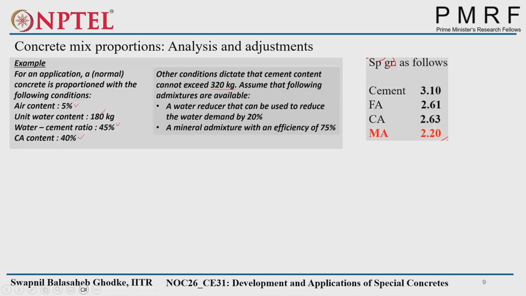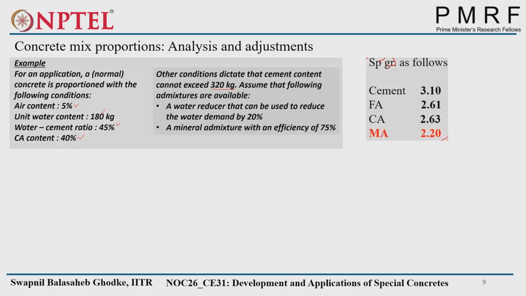The efficiency they have given for the mineral admixture here is 75%. First of all, we'll see the water reducer that can be used to reduce the water demand by 20%. If you reduce the water content by 20%, with 180 liter there, how much will it be if you reduce 20% of 180? 144 liter, right?